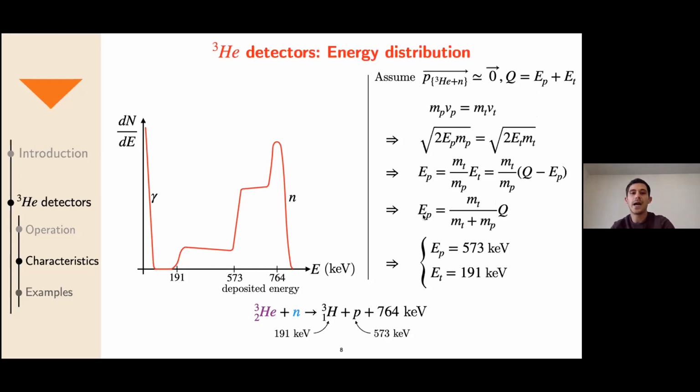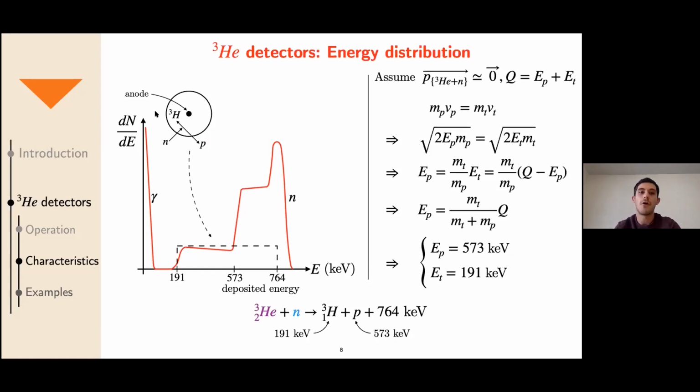And so we can deduce the energy of the proton and of the tritium. And so if we go back to the distribution, let's consider the first case. So I represented here the detectors with the cathode and the anode. And so there is a collision between a neutron and the helium-3 molecule. And so there is a proton and a tritium which are produced. And as we can see here, the track is not fully inside the detector.